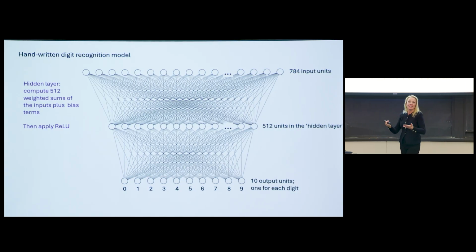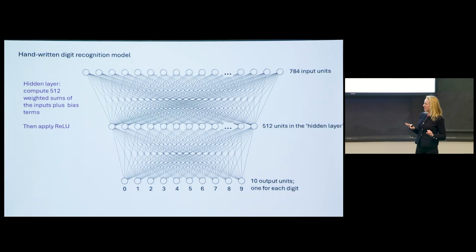Certainly we as humans do not know how to write down such a rule, right? But a model such as this, especially once we allow it to learn nonlinear curved functions, is able to do it, okay?